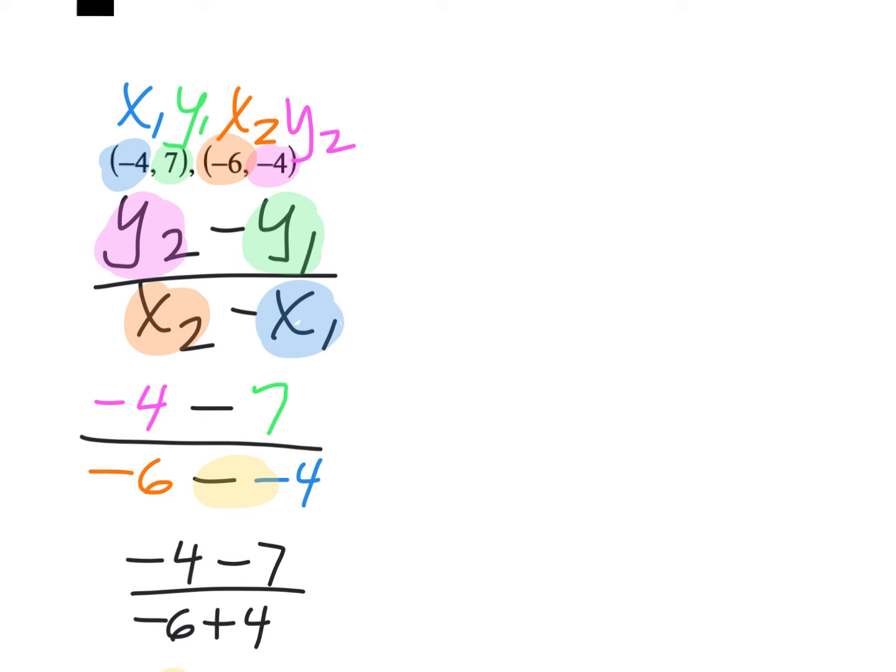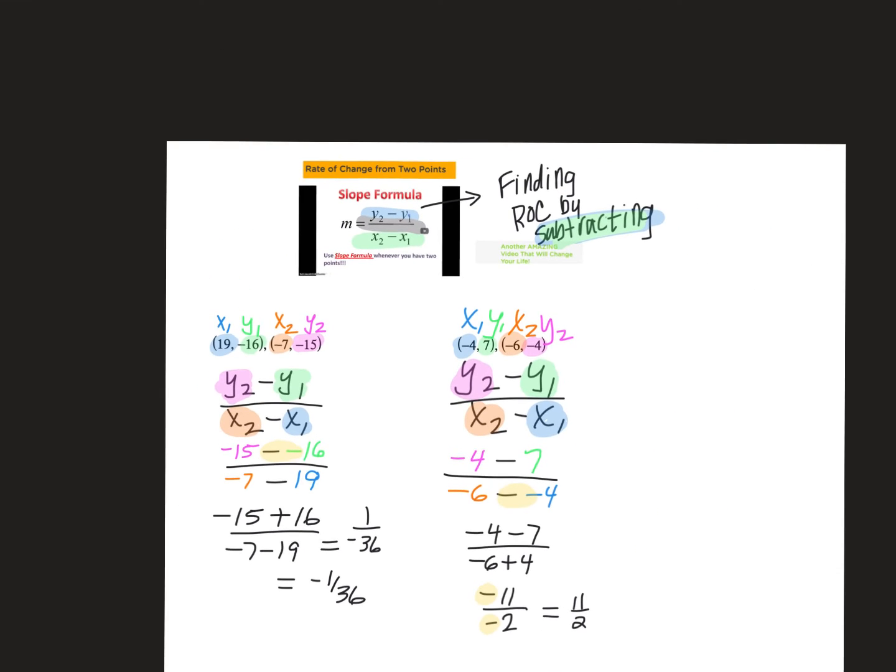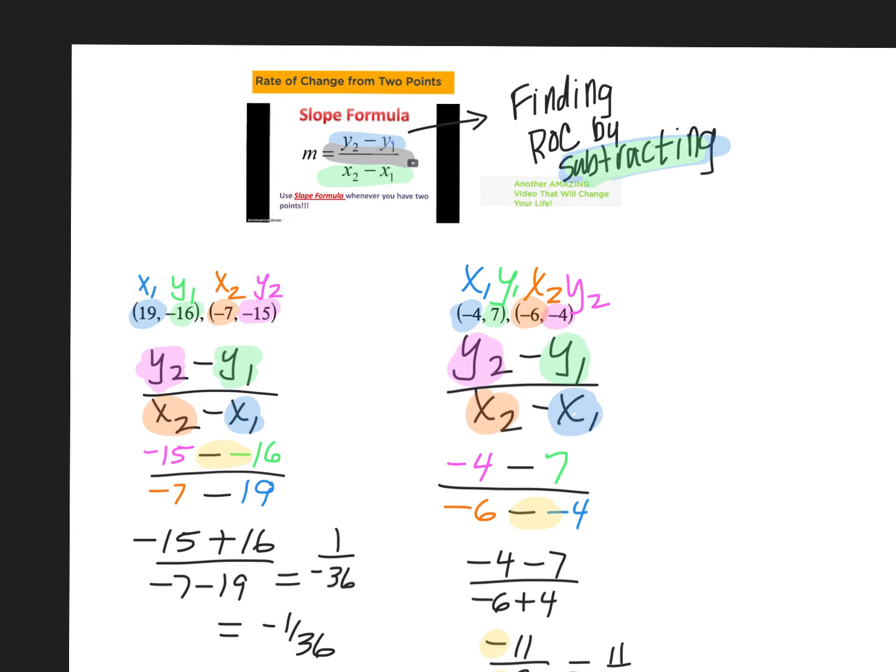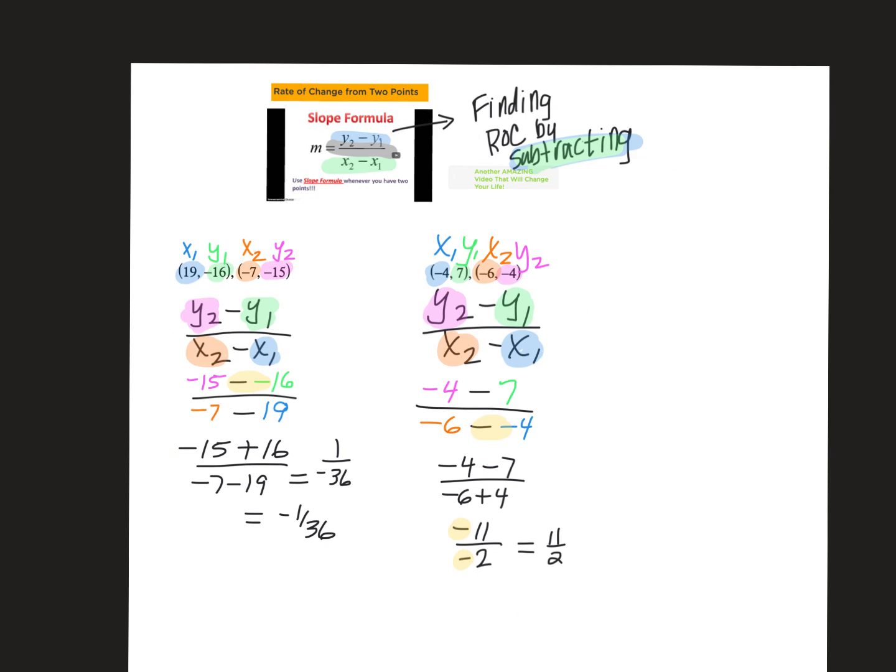So if you would rather stack the two coordinates up and do it that way, you are by all means totally welcome to do so. But believe me, this is definitely not going to be the last time that you are going to see this formula. So you probably want to make sure that you have some exposure to it for sure and practice with it.